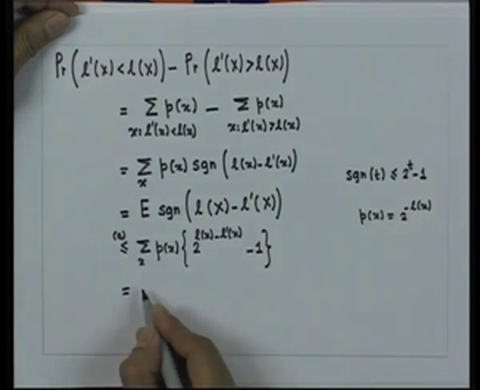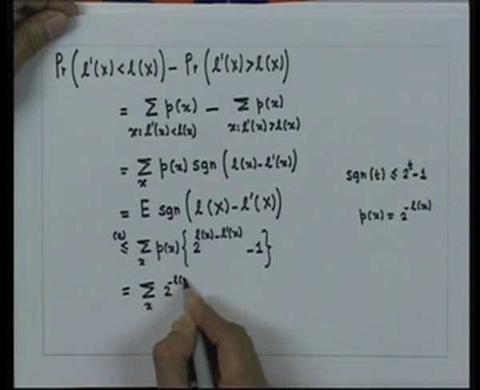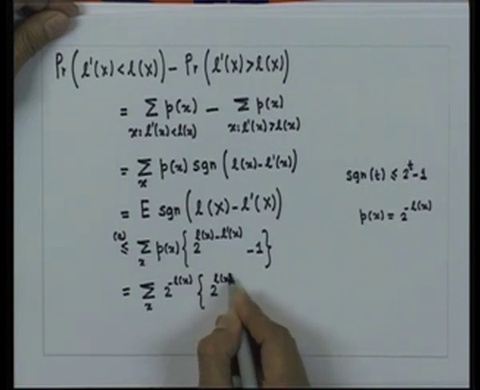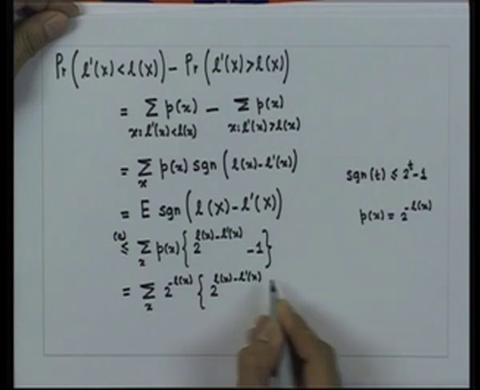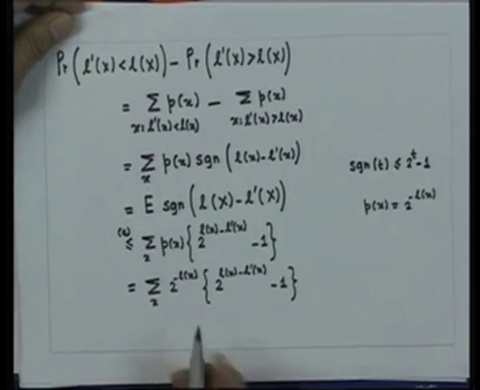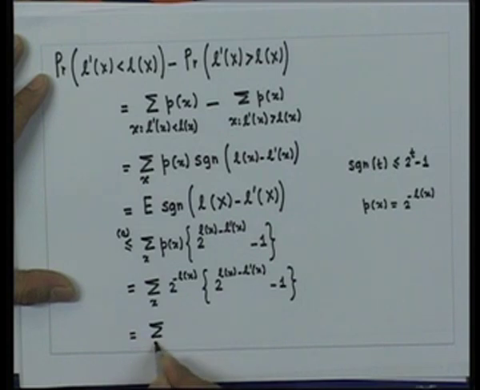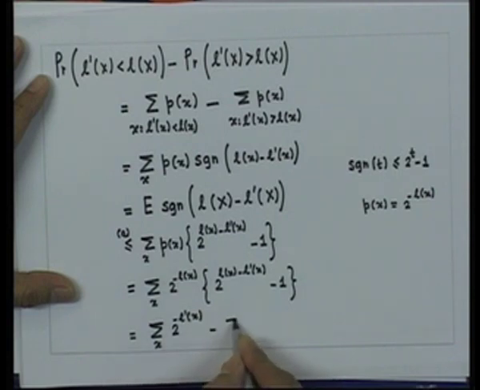So, I can write this as the summation over x of 2 raised to minus L(x) times 2 raised to L(x) minus L'(x), minus 1, and this you can simplify as the summation over x of 2 raised to minus L'(x), minus the summation over x of 2 raised to minus L(x).